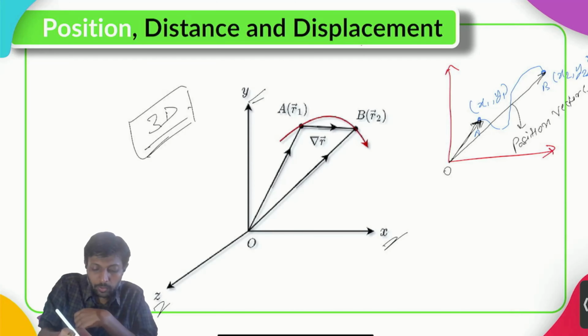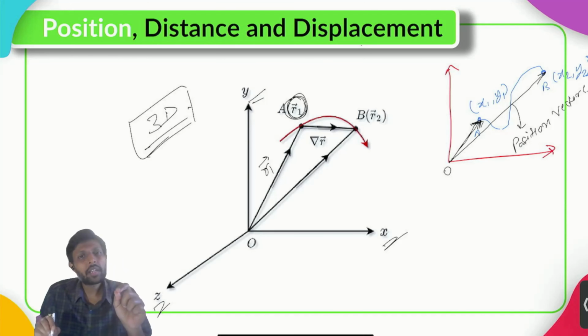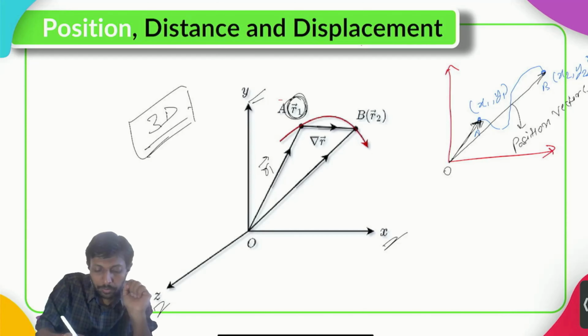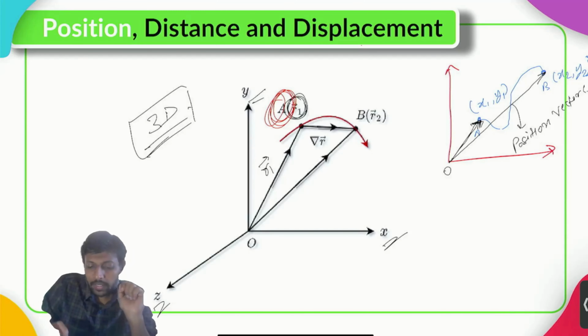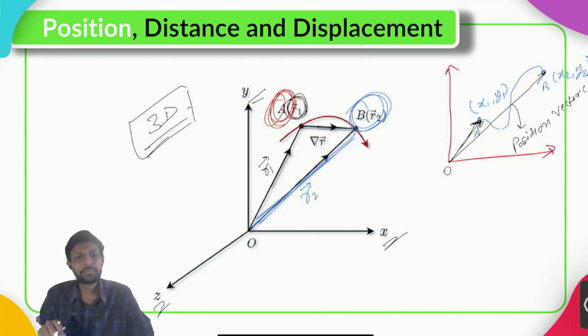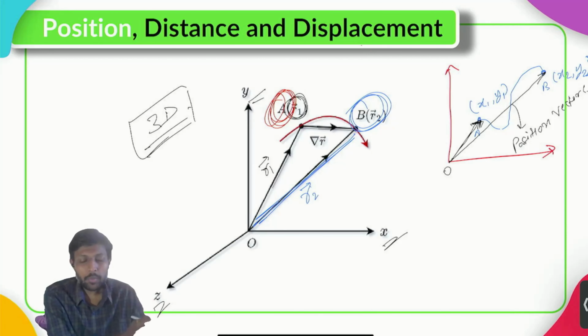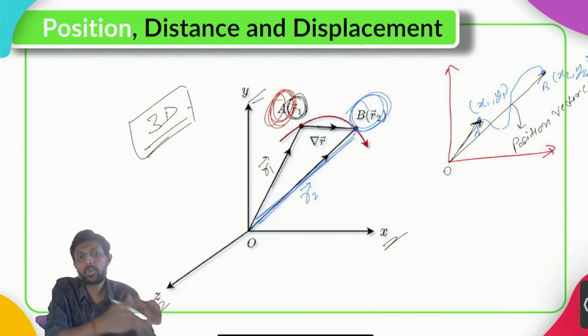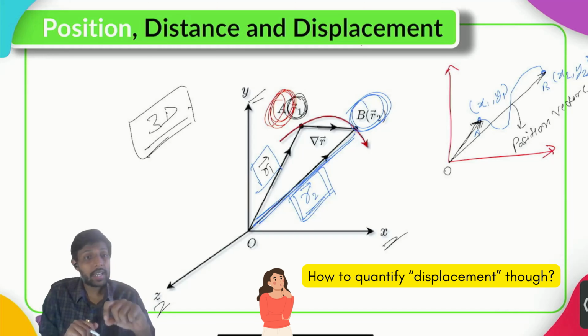So here also, this R1 ray is the position vector of point A. Whereas R2 vector or this ray is the position vector of point B. So we understand what is position. Position is just the location on any grid, on a graph paper, on a 2D plane, on a 3D space, Cartesian coordinate system, or on a straight line, depending on whether the motion is 2D, 3D, or 1D. So we understand how to quantify position now.